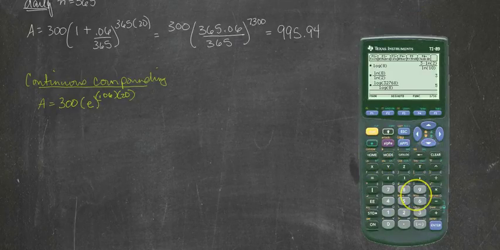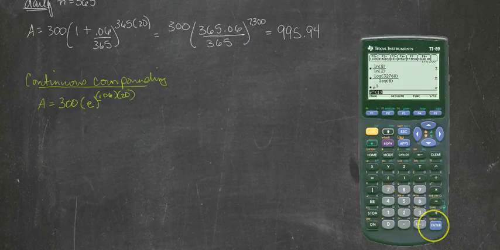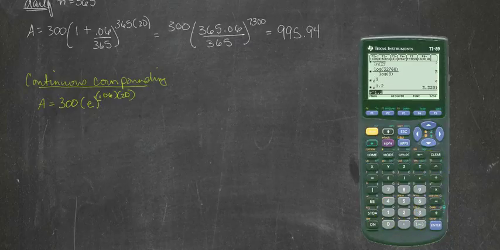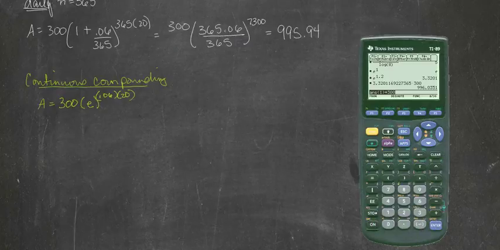So I want E, there it is. Now on my calculator I have to just give it a power of 1, so E to the 1. Now I can come up here and just capture it. I'm going to raise that to the 1.2 and multiply that by 300. 996.0351.